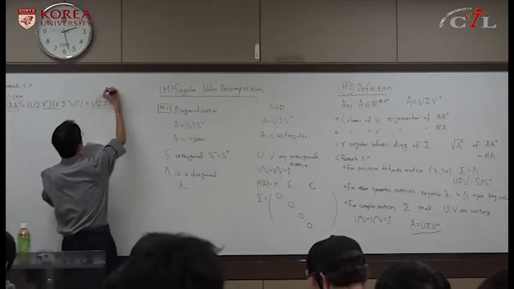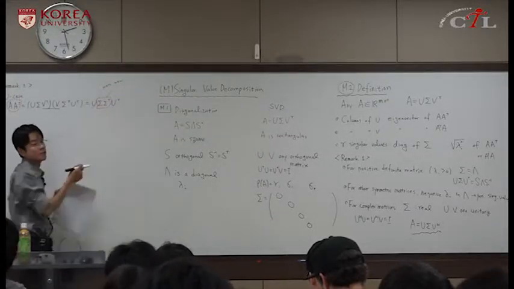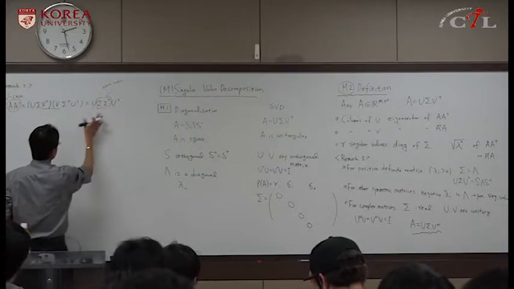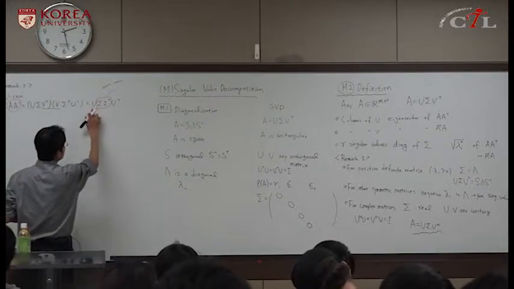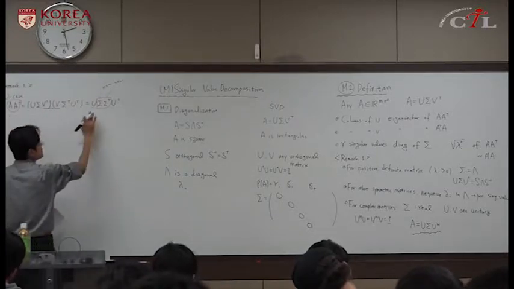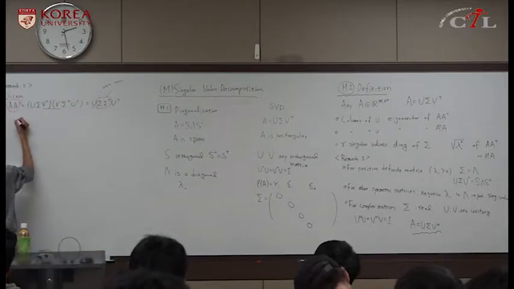This is n by n, this is n by m, and this is a diagonal matrix. That means if this is the diagonalized form, then its columns are eigenvectors of this matrix. So the columns of U are eigenvectors of A A transpose.